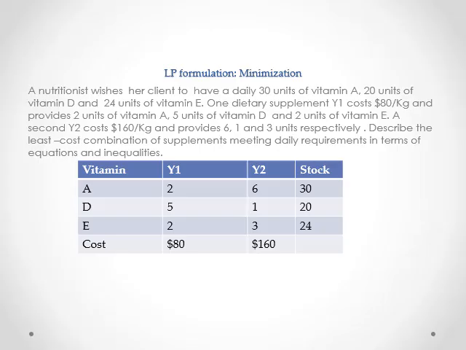The objective function has to express a problem of minimization. The objective function consists of two costs per unit of combination, $80 for y1 and $160 for y2.